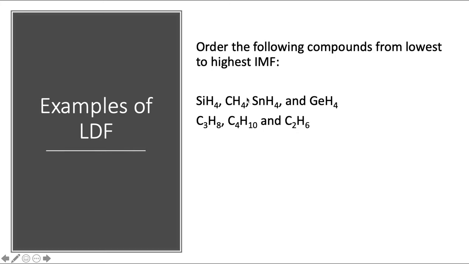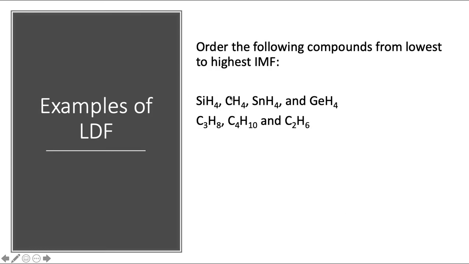Therefore, the hydrogen is not going to influence anything because they all have the same amount of hydrogens. So what's going to make a difference in the intermolecular forces for these four molecules is going to be the size of these atoms. And I know that as I go down a group, the size of the atom increases.